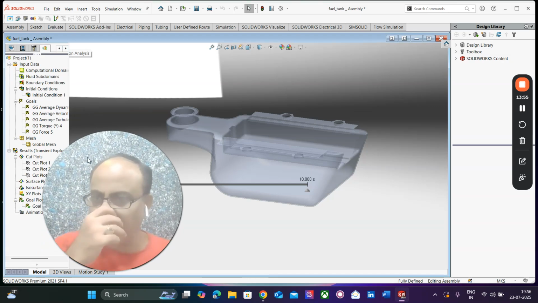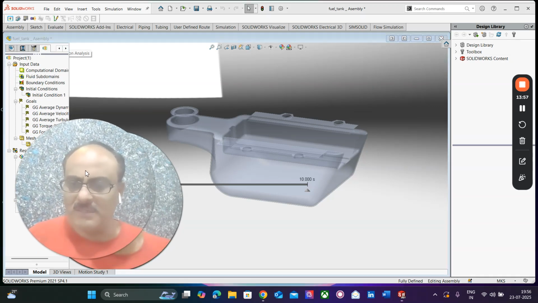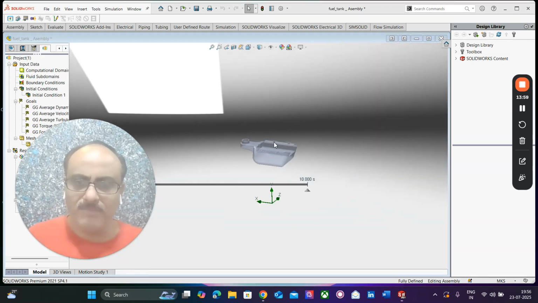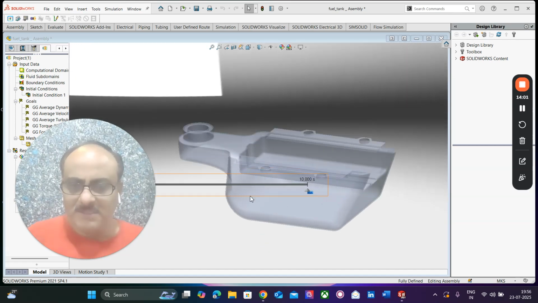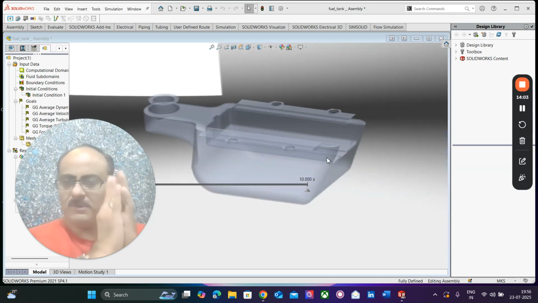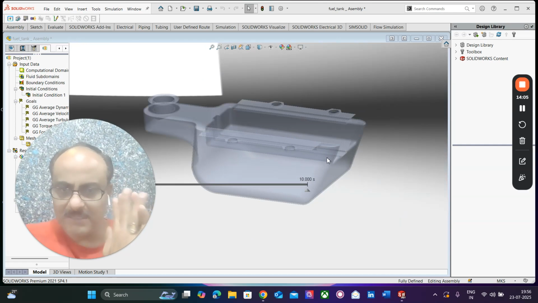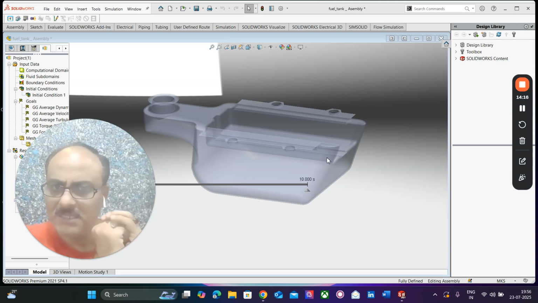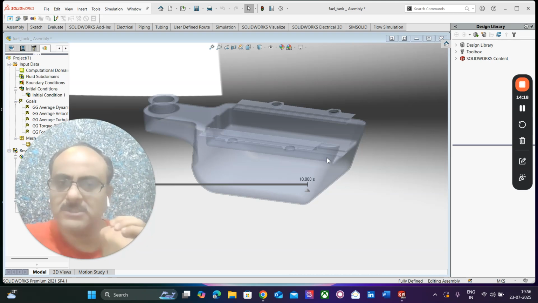The most important step is to decide on the computational domain. Every system or structure which is subjected to a flow simulation first needs to be checked for whether it is going to be an externally induced flow or an internally induced flow.